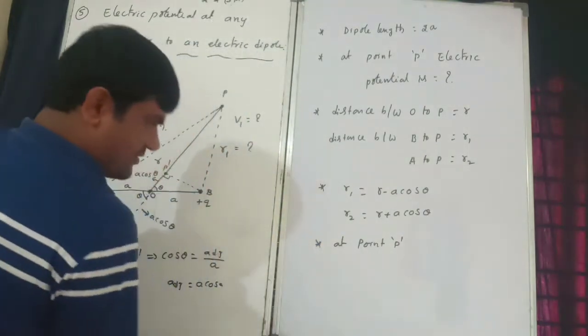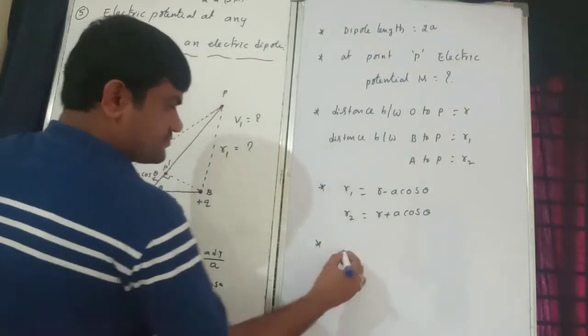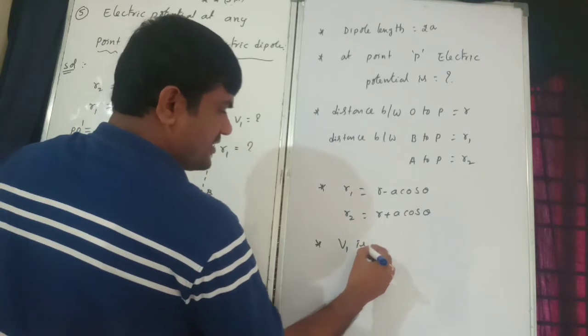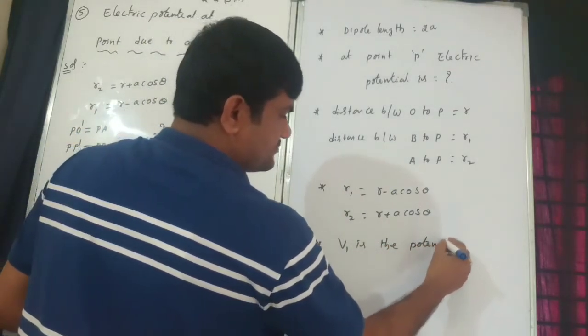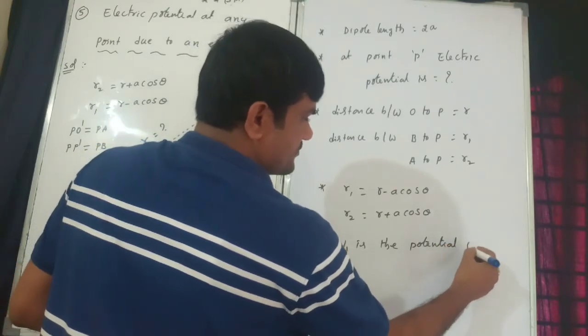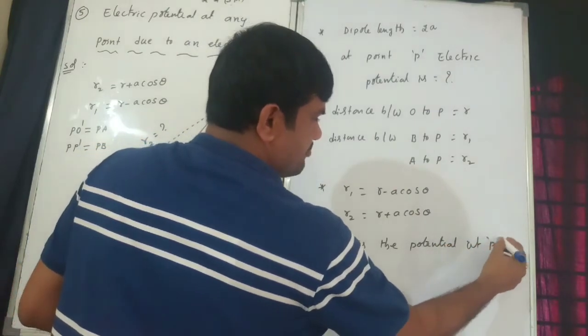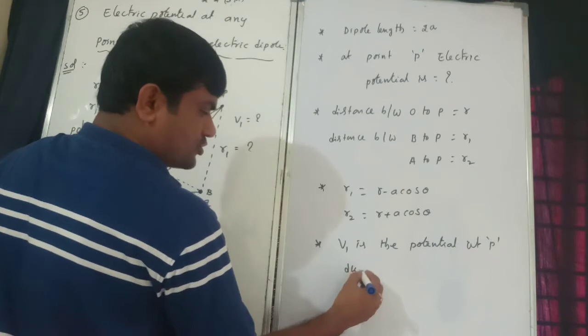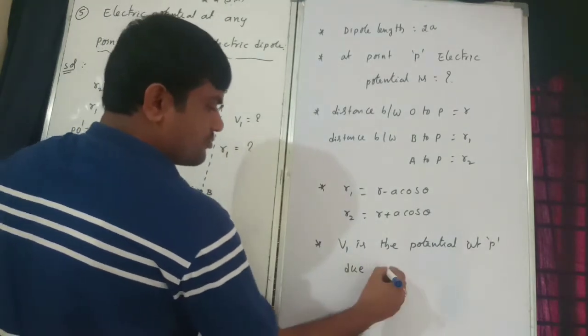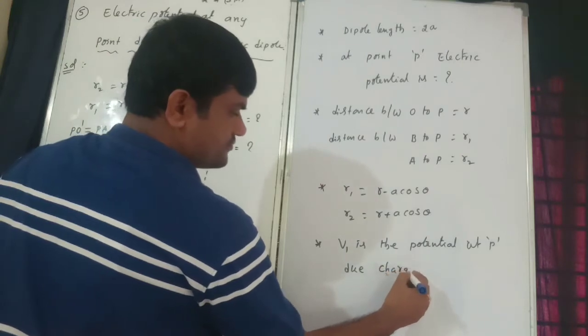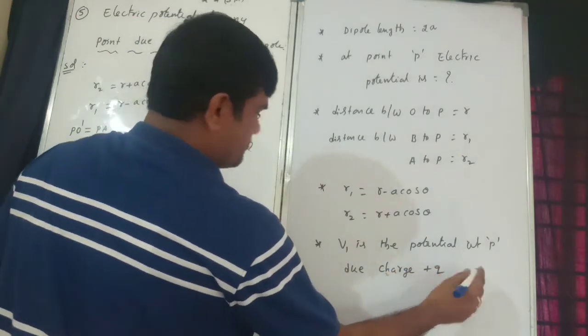Right. At point P, or else I will write here V1 is the potential at P due to charge plus Q, correct?